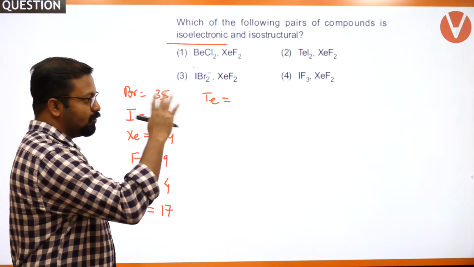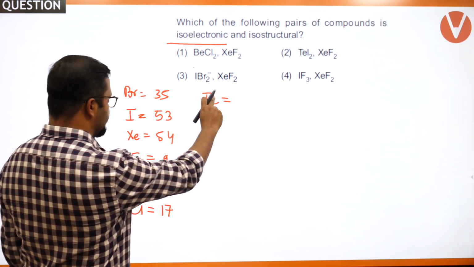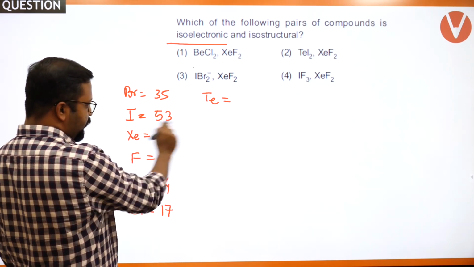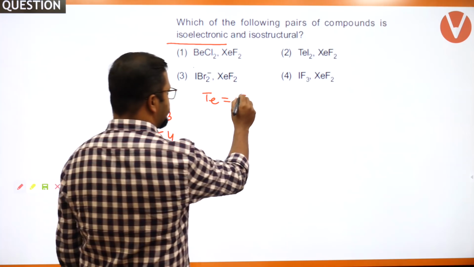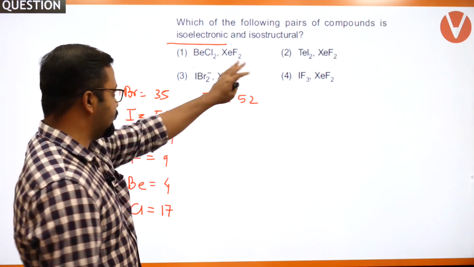After the oxygen group there is the halogen group, so tellurium lies in the same period as iodine. So this is 52.